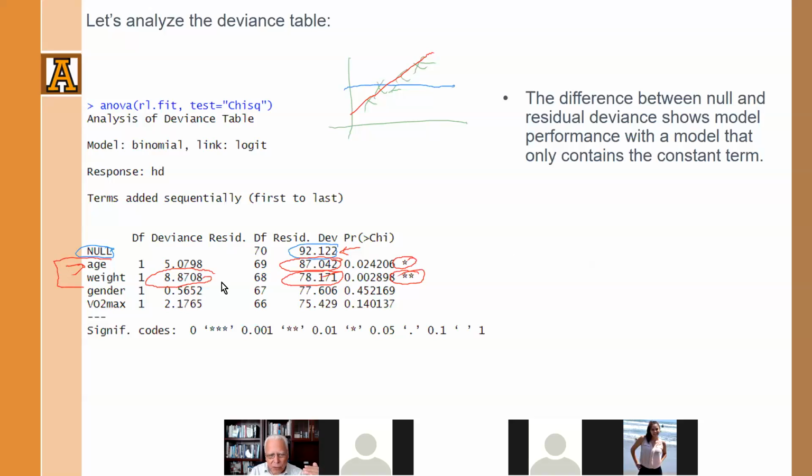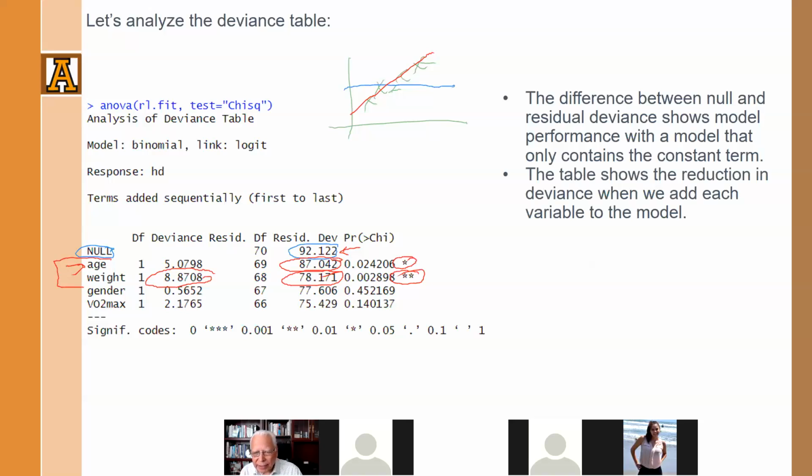Okay, so this table is important for that, because if we only look at the other table, we may only look at age as a factor. Here it's telling me that I should consider also weight. Now, the table shows the reduction in deviance when we add each variable to the model, and the variables age and weight achieve a significant reduction.